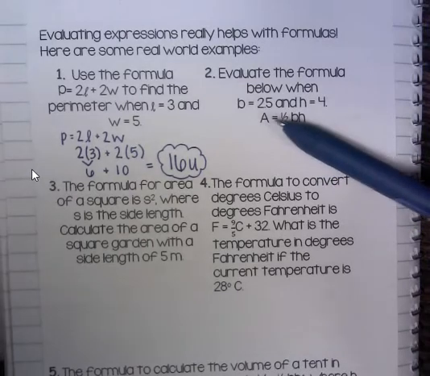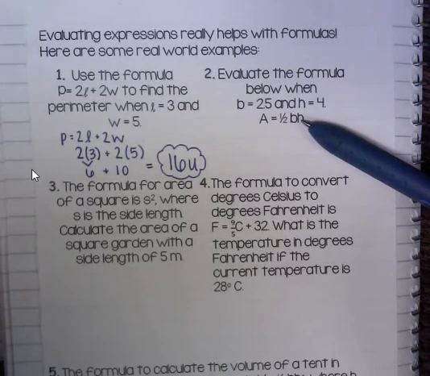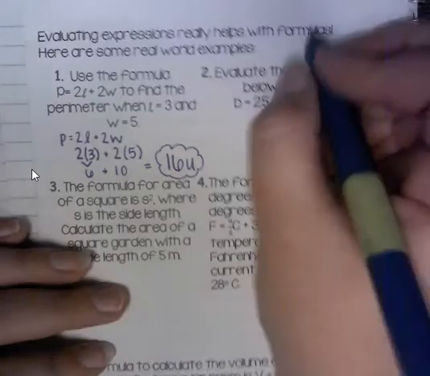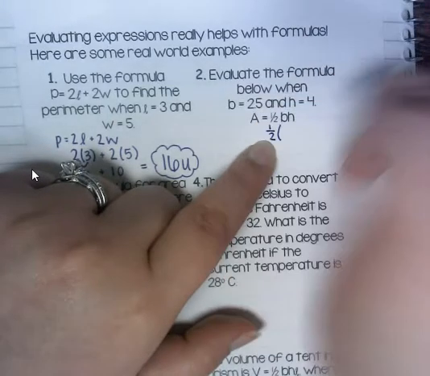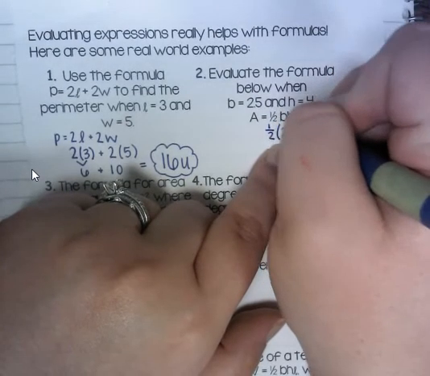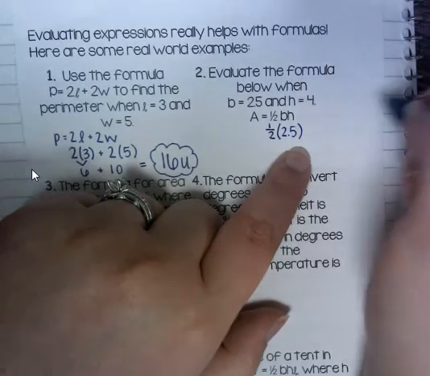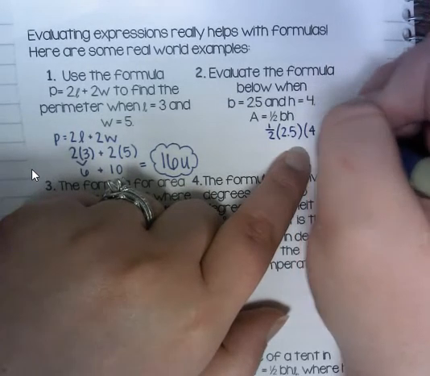A equals 1/2 b times h. We're going to go ahead and write 1/2 parenthesis b is 2.5, so we're going to put 2.5 close parenthesis. h is 4, close our parenthesis.